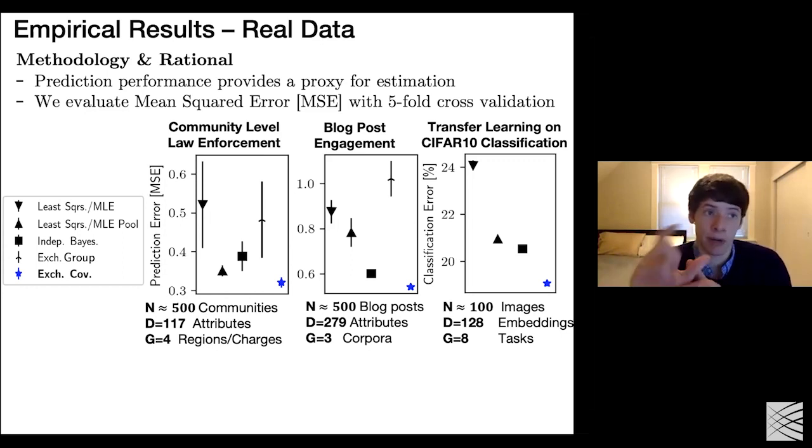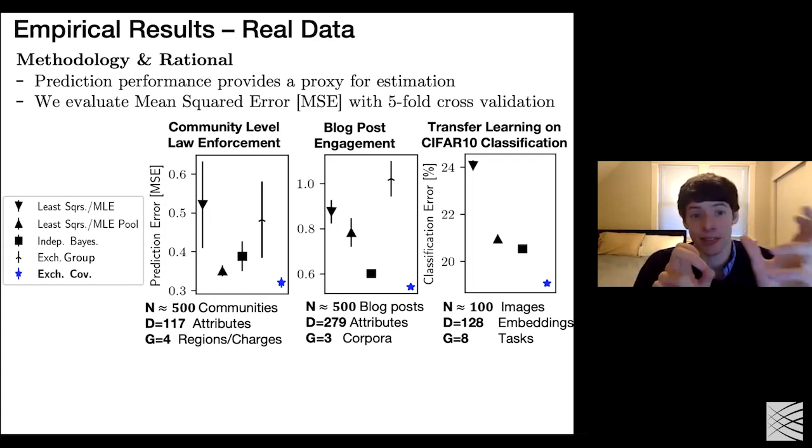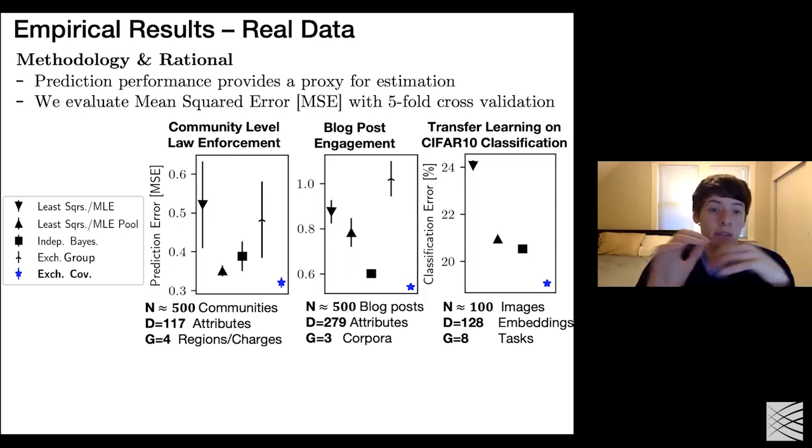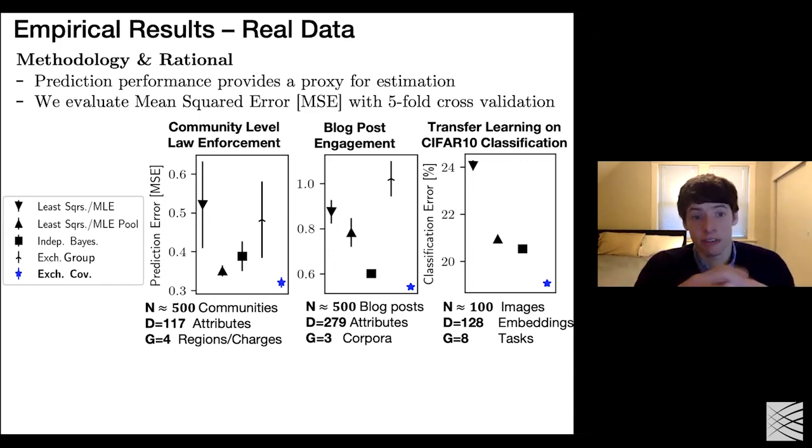Here we can look at pairs of binary classification tasks between different pairs of the 10 image types in the CIFAR-10 data set, and ask: can we improve our classification accuracy by sharing strength across these different pairs? As our features, we use pre-trained neural network embeddings learned with a variational autoencoder. And again, we see the same trend where our method performs the best.